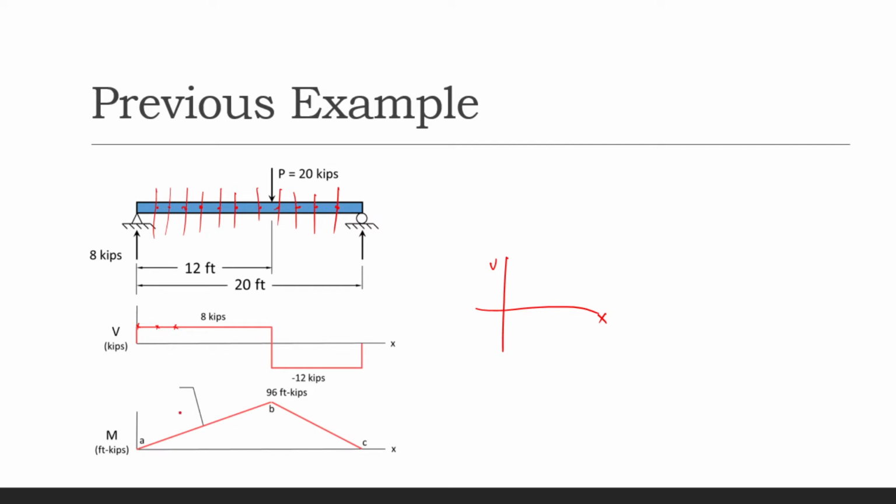In the same way, we have also plotted the moments on the y-axis and distance on the x-axis, and hence finally we were able to develop this shear force diagram and bending moment diagram for this particular beam in question.